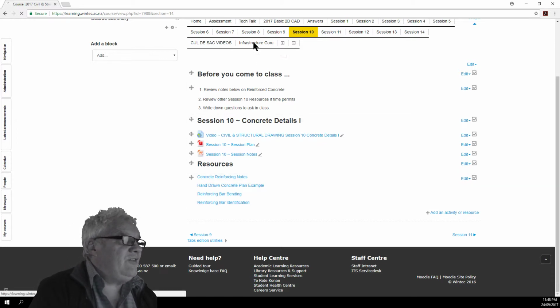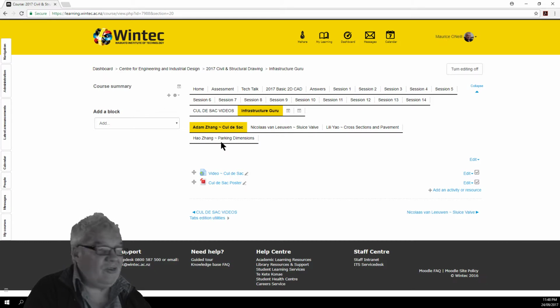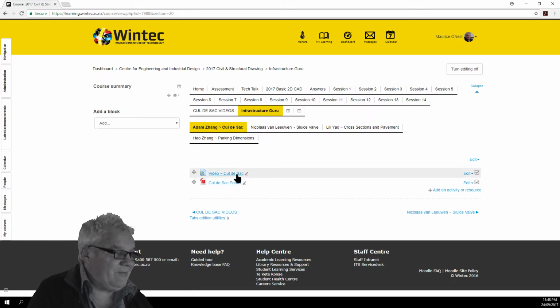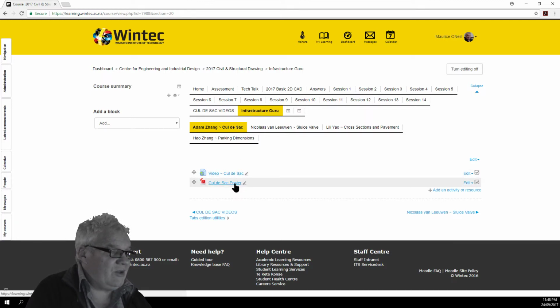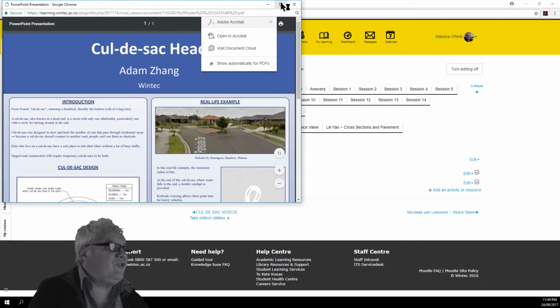Just the infrastructure guru, just to remind you that those that have completed have put stuff up here, their PowerPoints and things, and I've actually received a poster here from one of our students. I'm hoping this is, oh, here it is here. So the cul-de-sac poster, which was very nicely done as well.